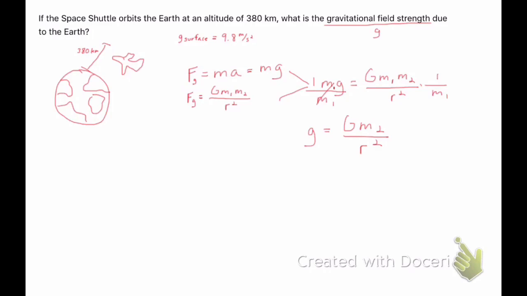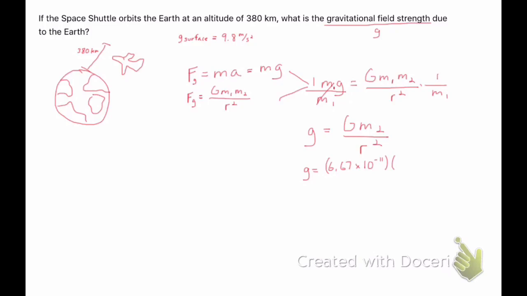So let's do that. We say that g is equal to the gravitational constant, which is 6.67 times 10 to the negative 11, times, what's the mass 2? Well, the mass 2 would be the mass of the Earth.